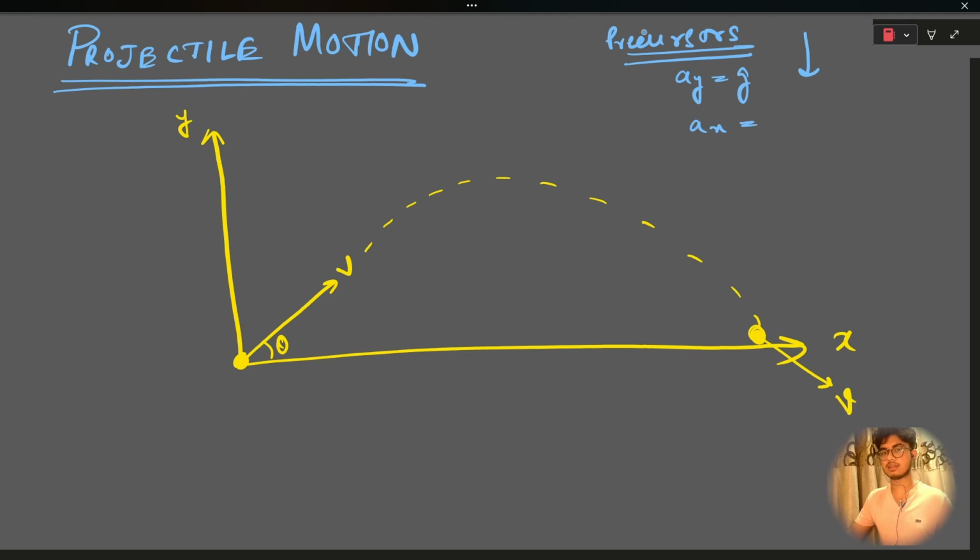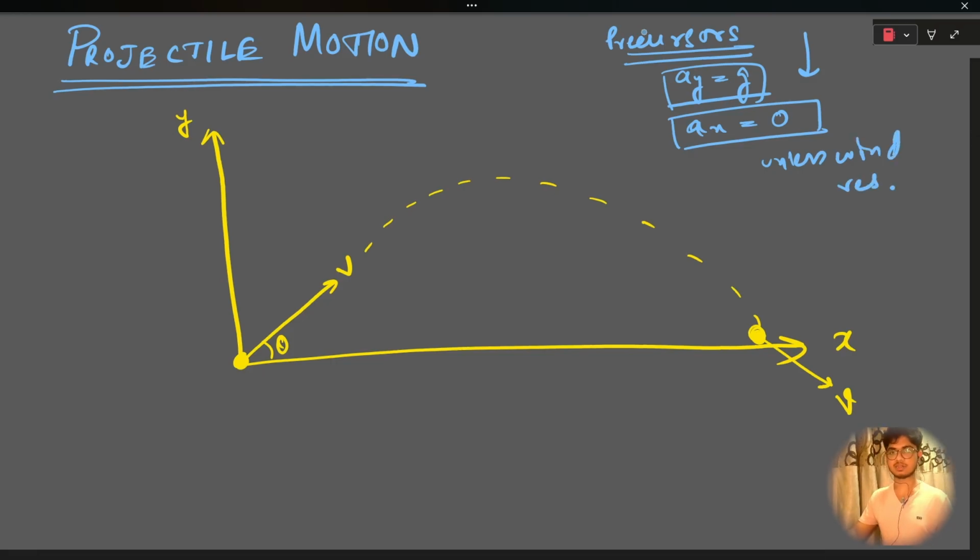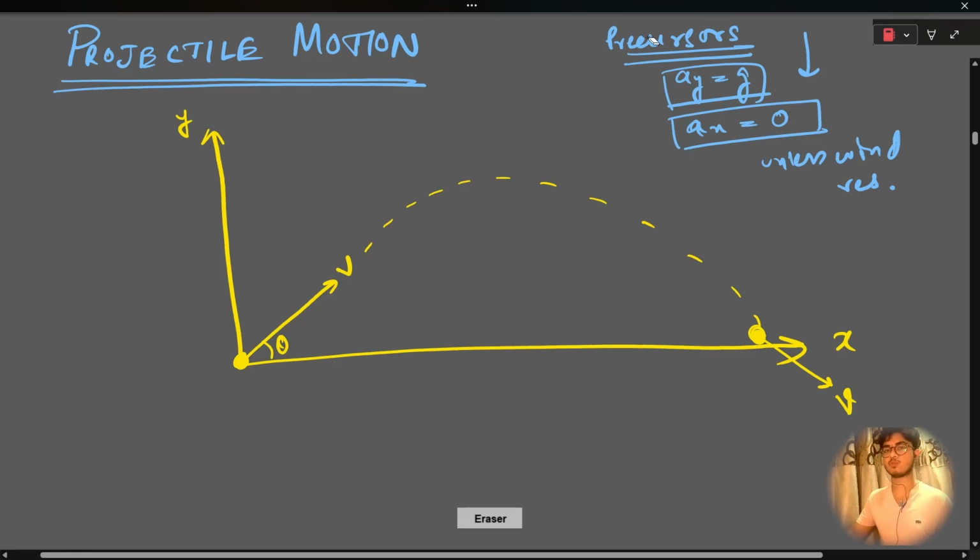And in the horizontal x direction, the acceleration is 0. No acceleration is acting in this direction, unless some wind resistance and such comes in, which is an exceptional case, completely out of the curriculum. This is the basic framework: gravitation is acting downwards, and there is no horizontal acceleration.